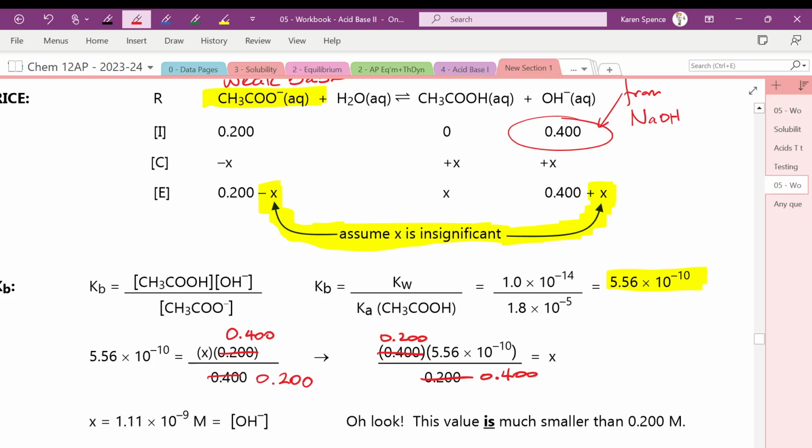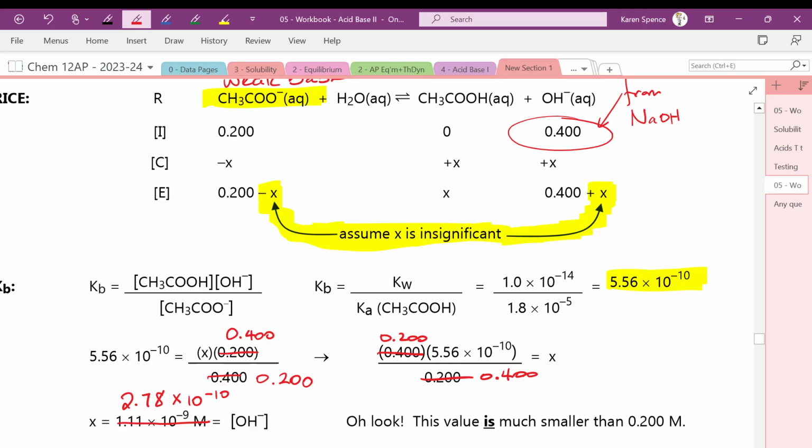So let's throw that in the calculator and see what we get. 5.5 times 10 to the negative 10 times 0.5 equals 2.78 times 10 to the negative 10. So even though I did the calculation wrong the first time, it's very similar.